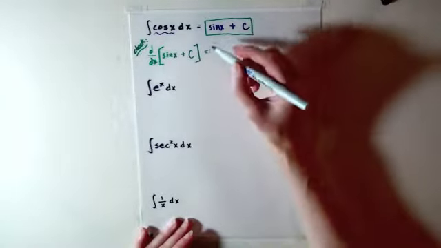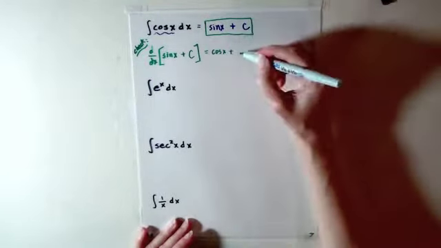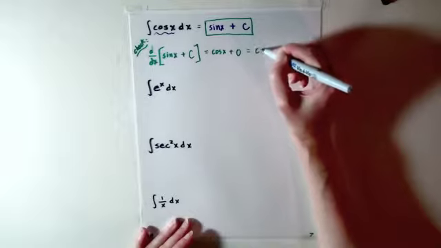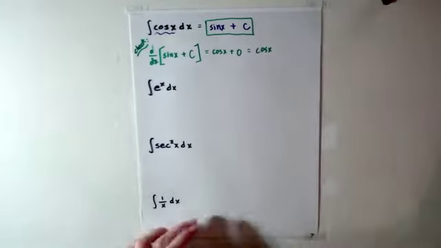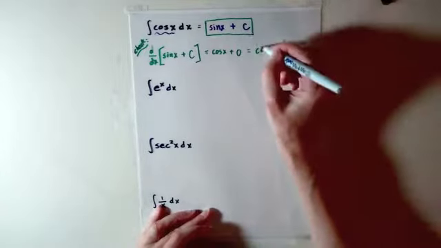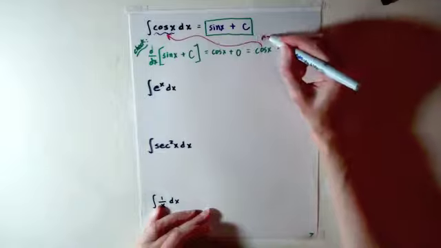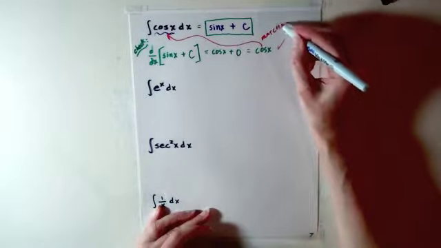Derivative of sine is cosine x, and derivative of the constant is 0, and I do get cosine x. So great, that checks because it matches the function I was originally asked to integrate.